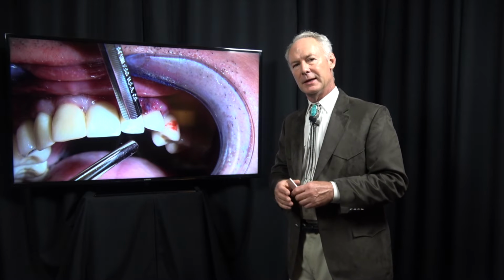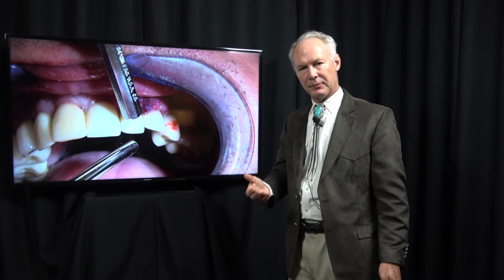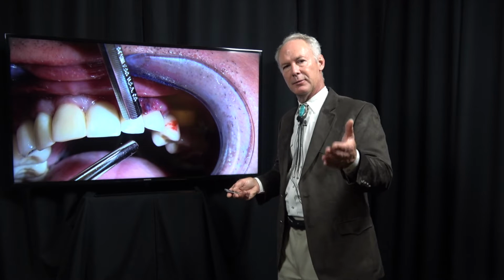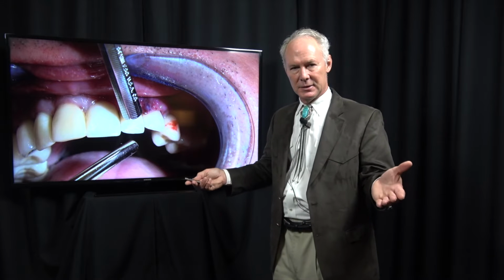An apicoectomy is a lot less trouble, a lot less expense, and a lot less morbidity than an implant, especially in the anterior or aesthetic region. The other thing is, with an apicoectomy, I can always fall back on an implant if for some reason it didn't work.